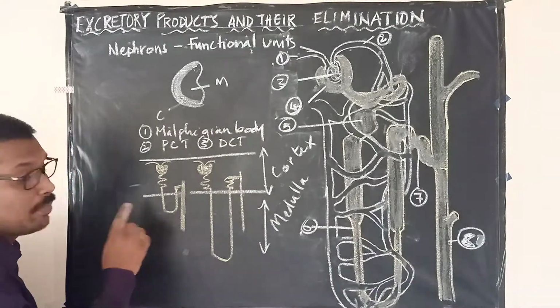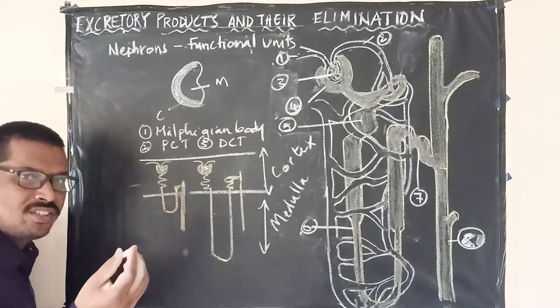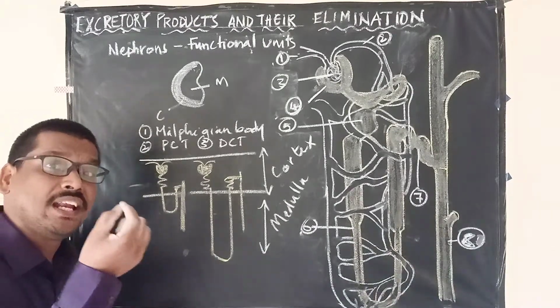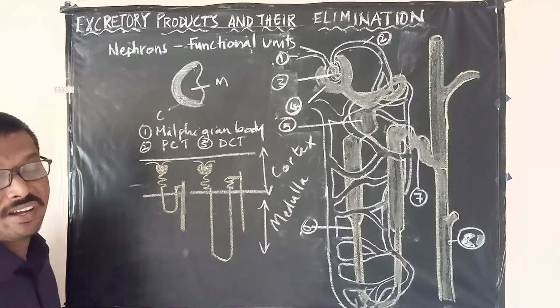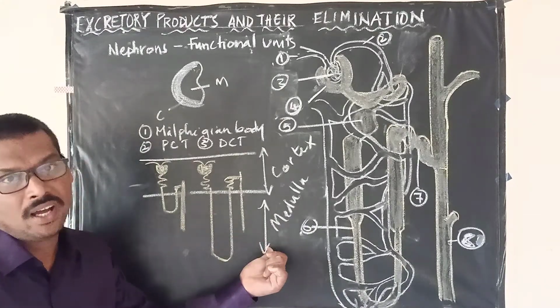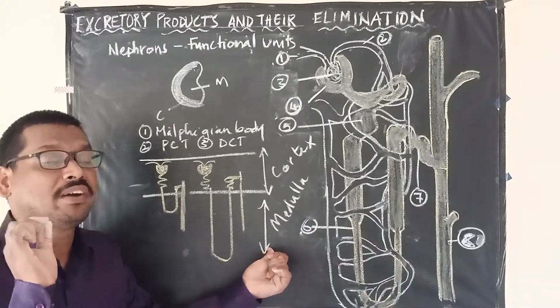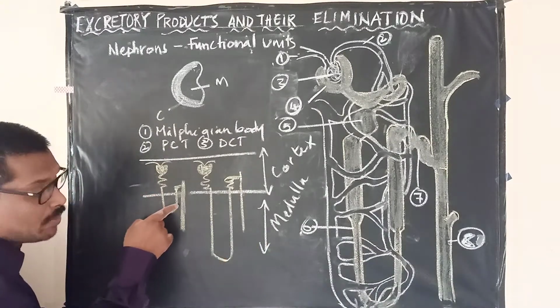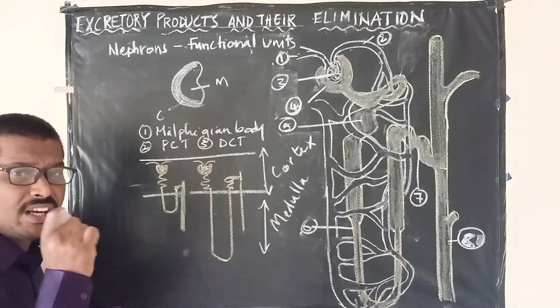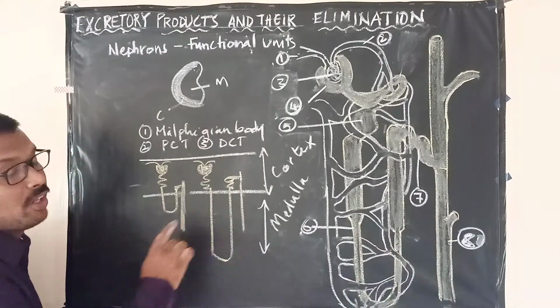In simple words, a very little part of the Henle's loop is present in the medulla.